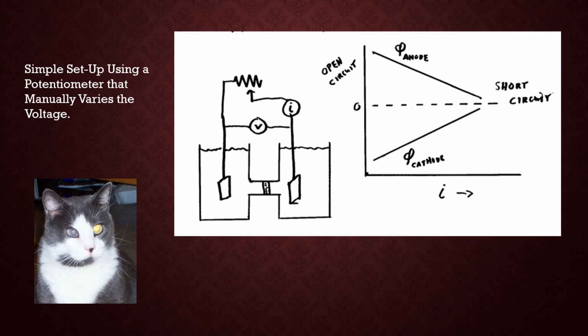So I attach a battery parallel to the potentiometer that I've indicated here. Boris did not put in the battery. But by sliding that wire back and forth, I could manually pick up a voltage of a given value and measure the current directly. Again, a point-by-point plot.